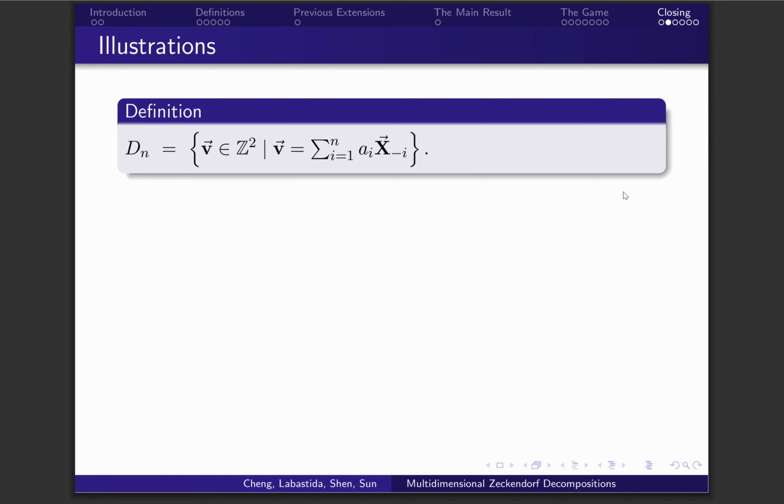Here, let me show you some visualizations. First, the definition: D_n represents the set of all vectors in Z^2 that can be expressed using only the vectors x_1 to x_n. For vector c equals 2, 1, 1, which is weakly decreasing, here are the regions from D_1 to D_8.